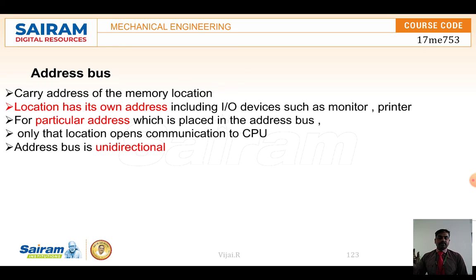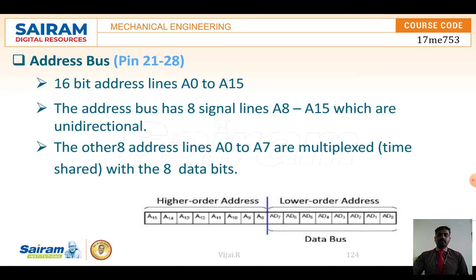The address bus will carry the address of the information so that the location will be open, so that it will be posted there. It's a unidirectional one. Here you can see the address bus, the lower order and higher order addresses, A0 to A7 also as AD data bus. So this is what we have seen: what a bus is and what the data is.